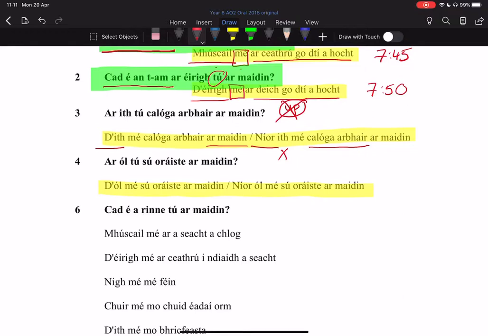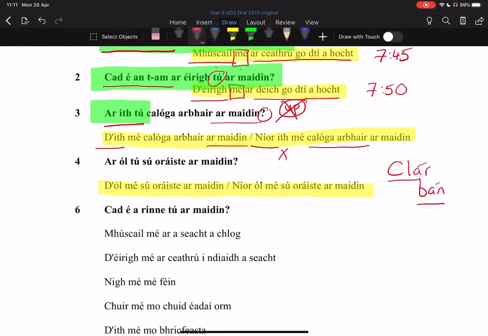But then we have the question, not what time, but ith tú, did you eat something this morning? If you can recall a previous topic, we looked at the word clár bán, that is a whiteboard, but that's board and that is white.